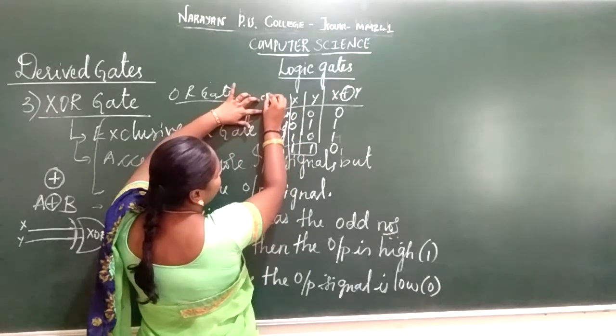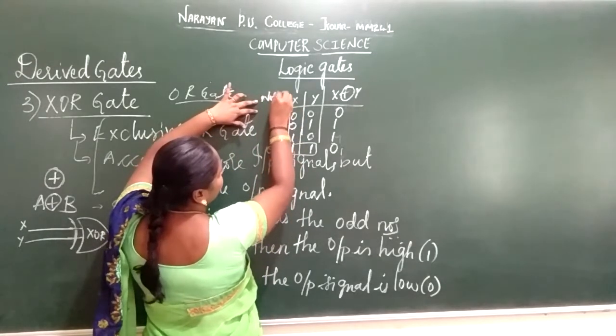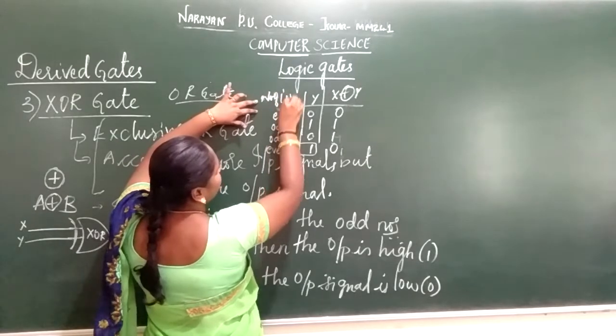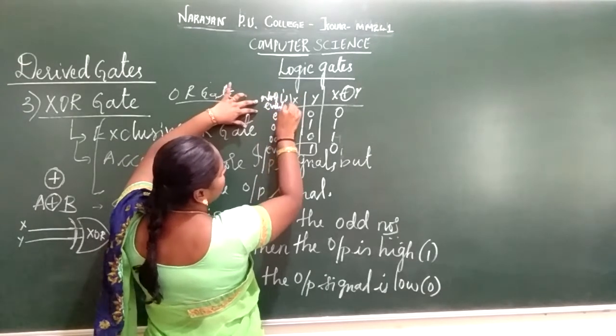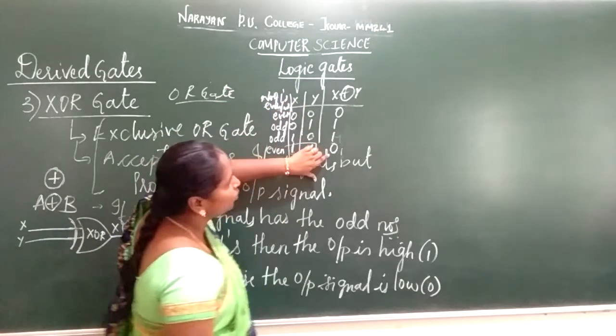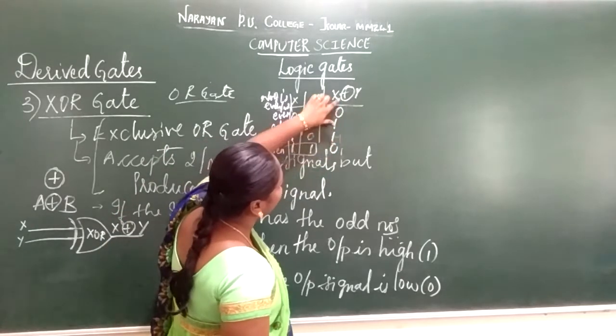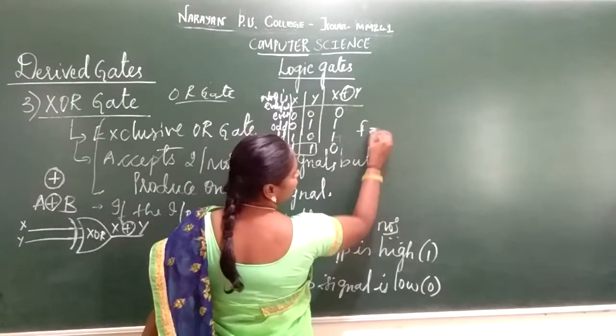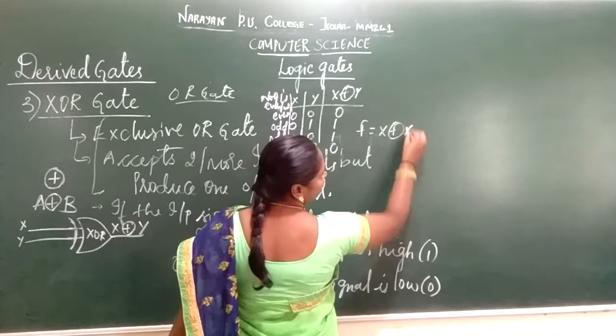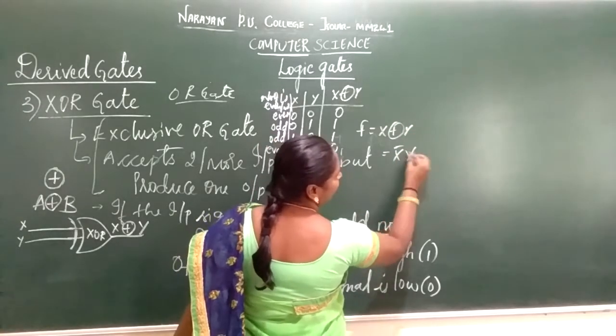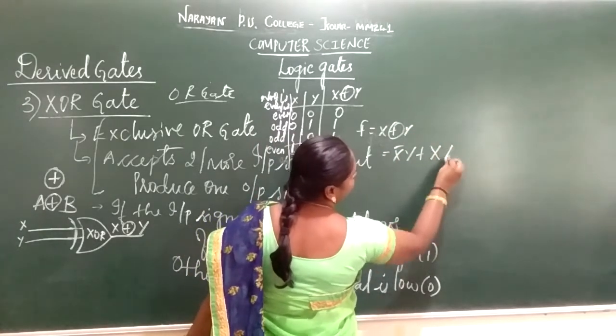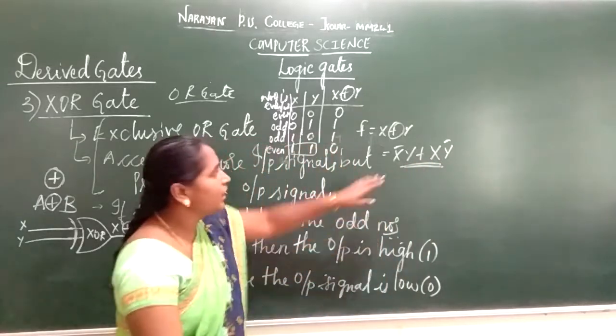One more column, number of ones, even or odd. Here we have seen two input signals, and we tried to solve the combination, that is F equals X exclusive of Y, which is X bar Y plus X Y bar. And I solved this in yesterday's class.